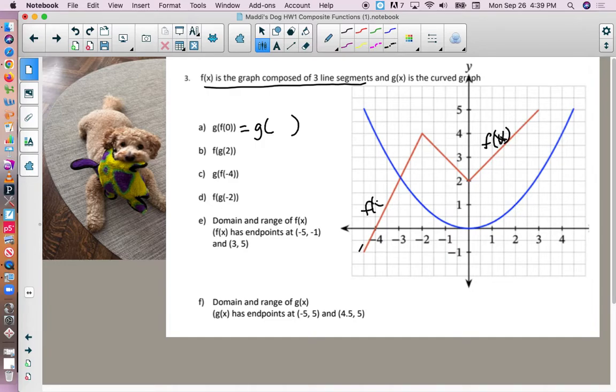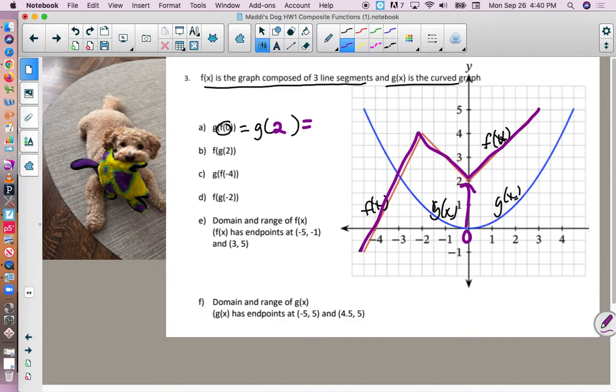And G of X is curved. So this is G of X right here. All right, so I've got to go find F of 0. So if I go to F, I'll look and see what happens at 0. F of 0 is 2, and then I go find G of 2. G of 2 is 1.